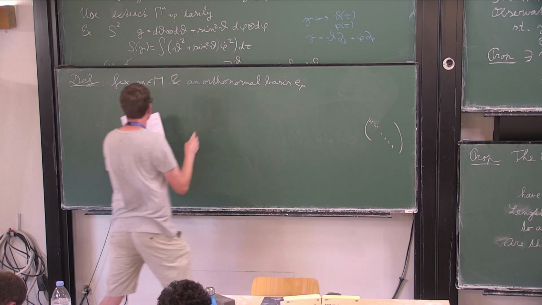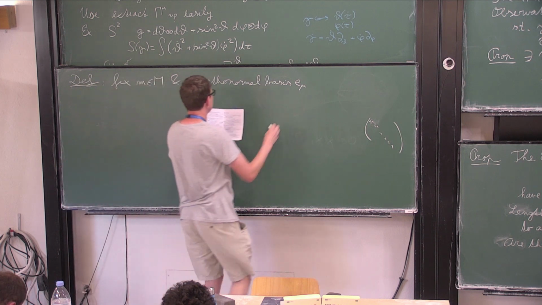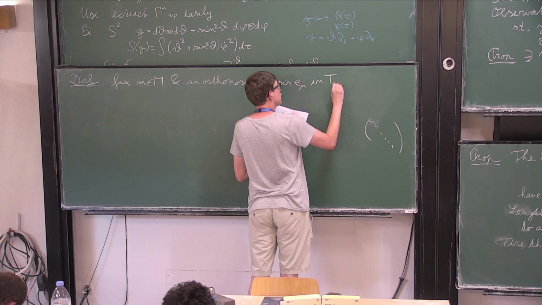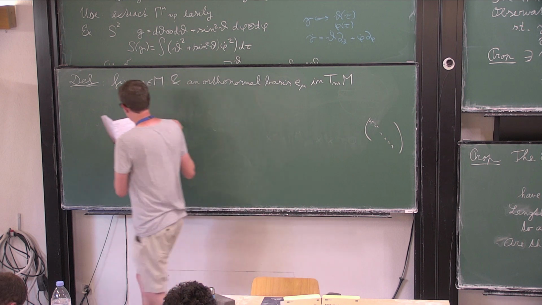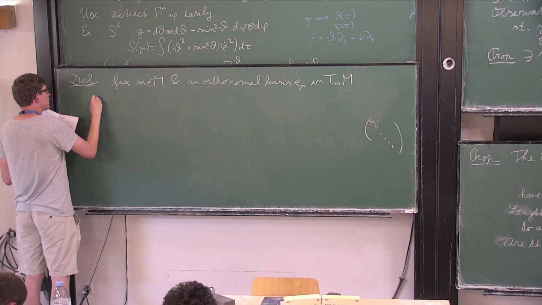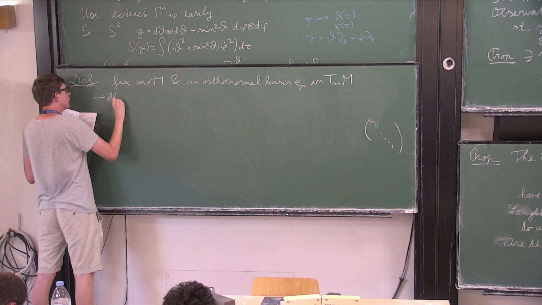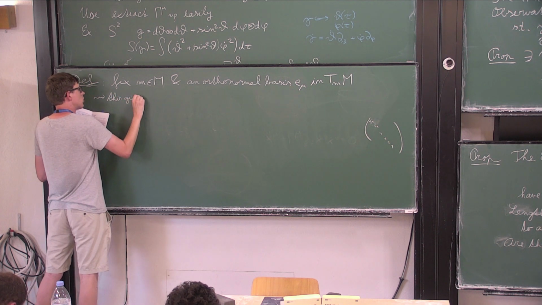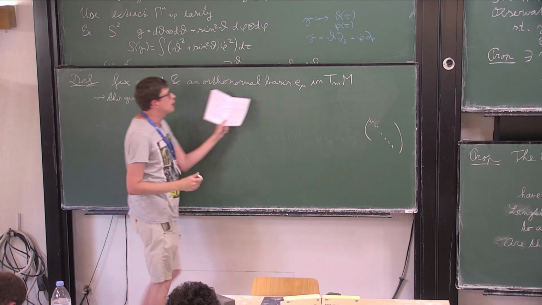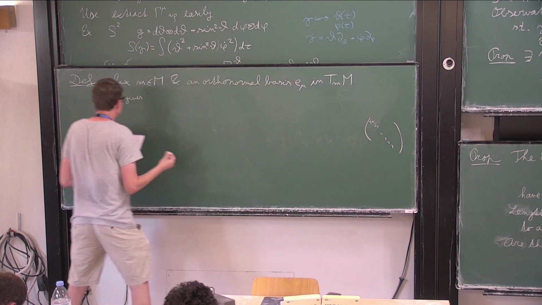Okay, so pick these two data, a point and an orthonormal basis there in the tangent space. Then this gives you in particular coordinates on that tangent space. Just picking any basis in a linear space gives you coordinates on that space.